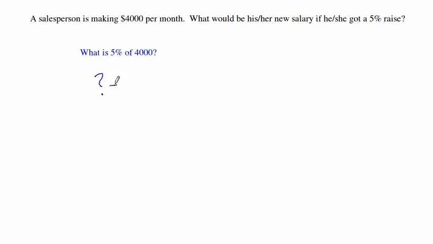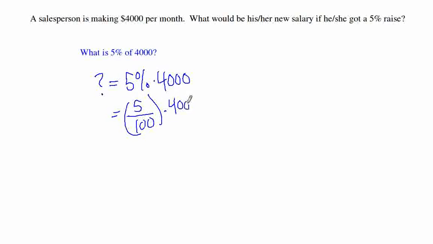So mystery number equals 5% multiplied by 4,000. Mystery number is equal to 5 over 100 times 4,000. And that's equal to, there's different ways to solve it. Why don't I divide 4,000 by 100? And that'll give me 40.